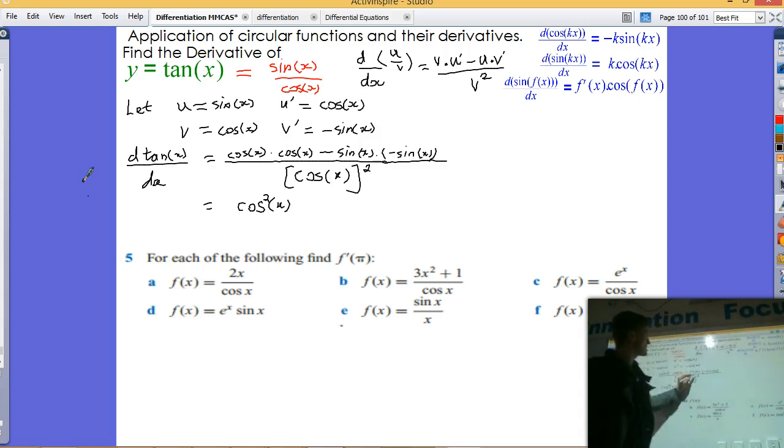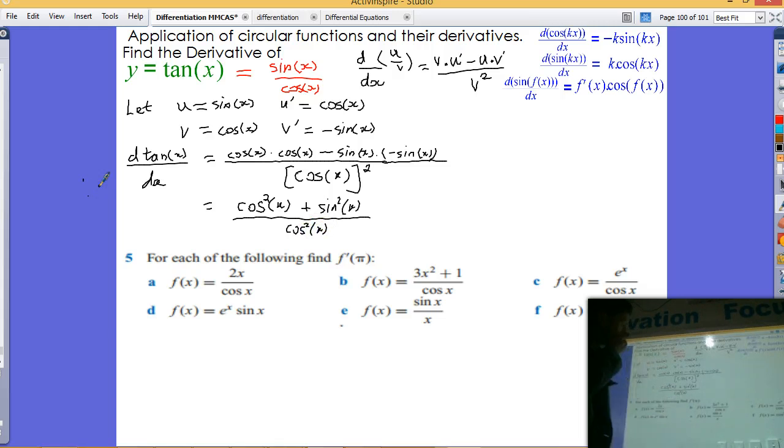Now we're subtracting sine of x times negative sine of x. Subtracting a negative value in this multiplication is overall positive. So add sine squared of x, all over cos squared of x. Good. Well, here we go.